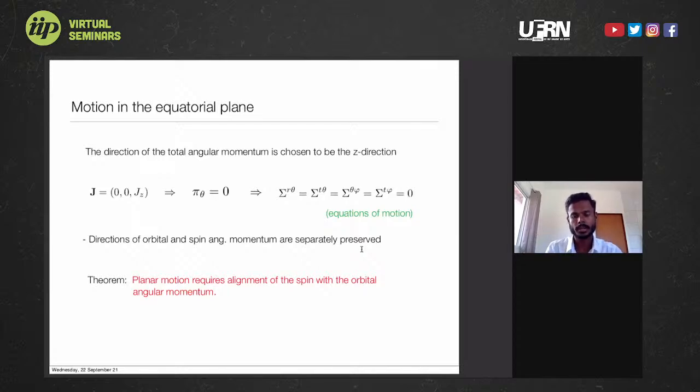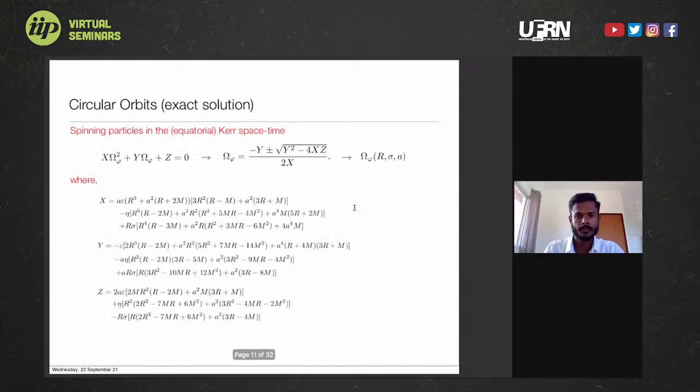The other possibilities are not allowed. So the planar motion requires alignment of spin with the orbital angular momentum. This we obtain as a result from our calculations. This is not an assumption, we get it as a result, first result.